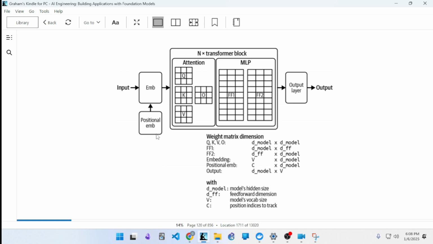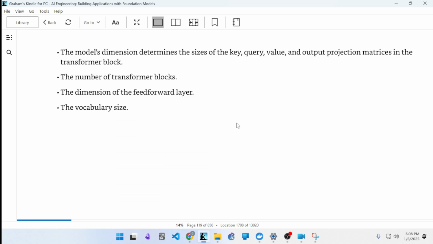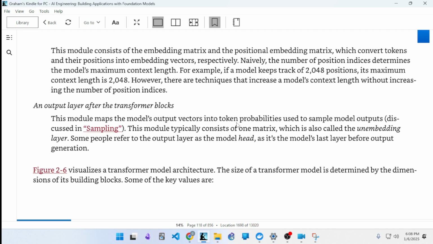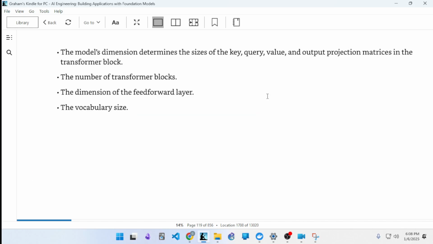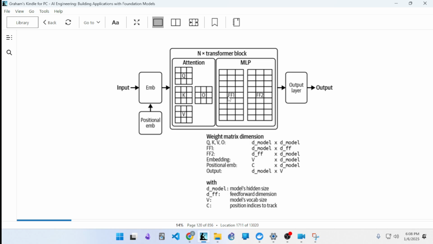MLP, I don't see where MLP is talked about. It was probably in the reading we just went over. Yeah, an MLP module consists of linear layers separated by nonlinear activation functions. So that's what we see there. So FF1 is probably a nonlinear activation function.